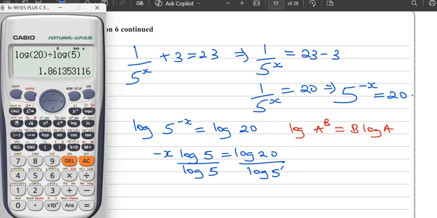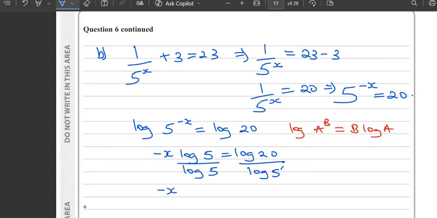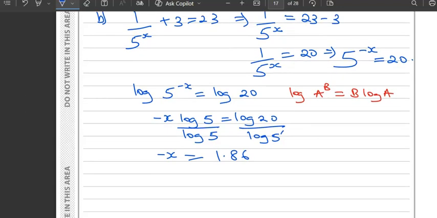And this gives you 1.86. So we'll have negative x is simply equal to 1.86, and therefore x will be equal to negative 1.86, of course, when you divide both sides by negative 1.